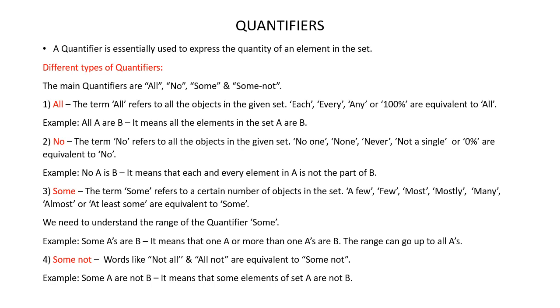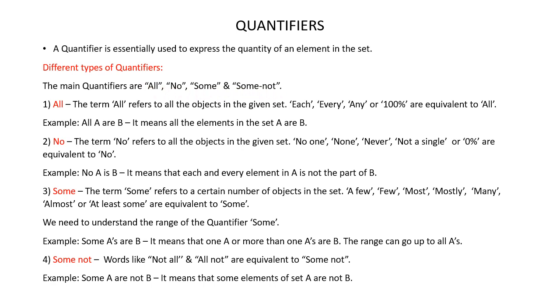A quantifier is essentially used to express the quantity of an element in the set. Now let's understand the different types of quantifiers used in syllogism. The main quantifiers used in syllogism are all, no, some, and some not. Let's learn more about these quantifiers.